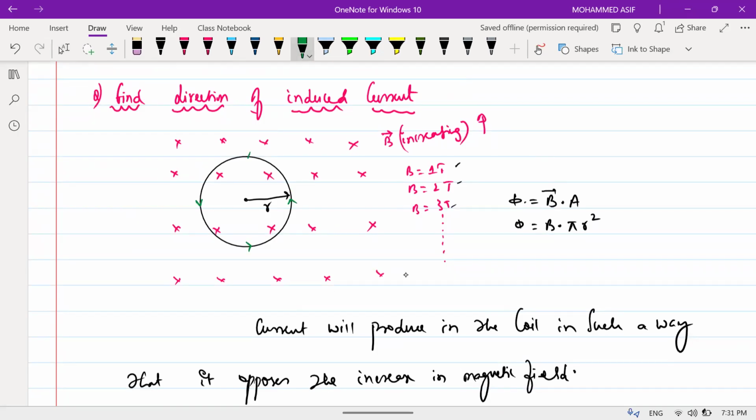If I give anti-clockwise current in this one, it is producing the magnetic field outward. So one magnetic field is inward, one is outward, so it is not allowing it to increase. Am I clear? That means if it is increasing, it will not allow it to increase. If it is decreasing, it will not allow even to decrease.